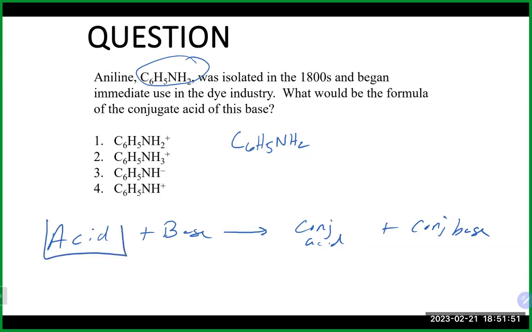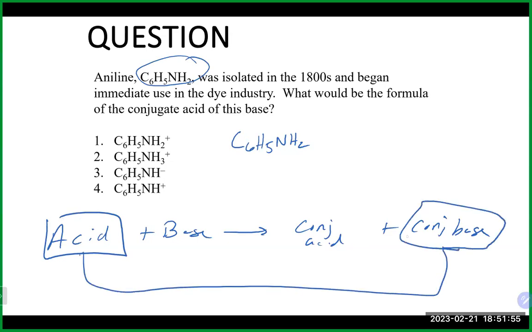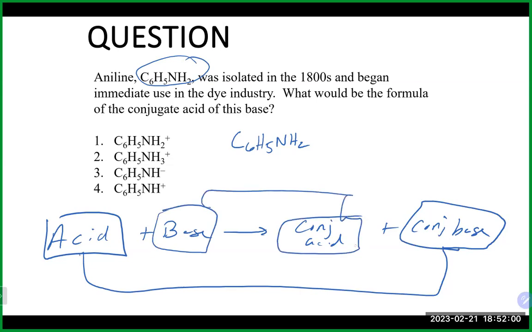Our acid on this side should be related to the conjugate base, or our base is related to the conjugate acid. So if you're not sure what you're dealing with, you want to write the conjugate acid, which means I am looking at a base, and the Bronsted-Lowry definition of a base is something that will accept an H plus.